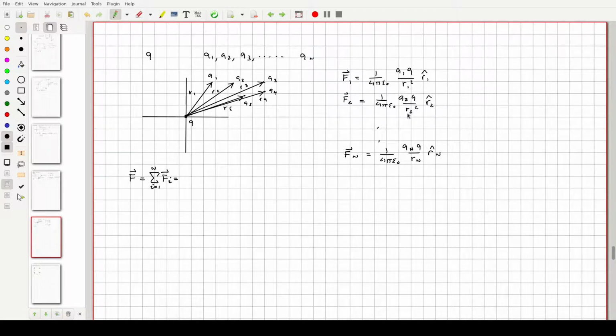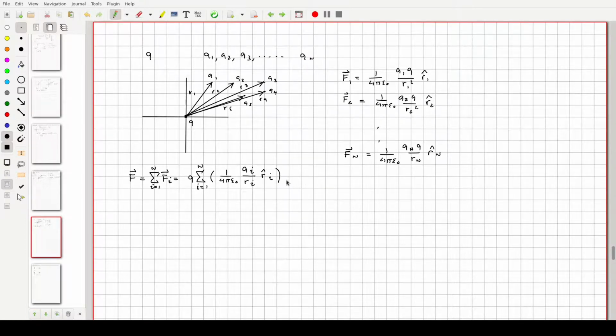Since they all have Q in common, I'm going to pull that out in front, and it's going to look like this. So you can sum these things.